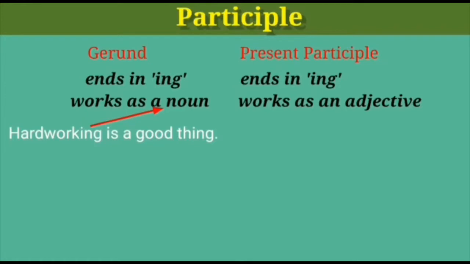We cannot say it's a participle. It's not defining any noun. But on the other hand, he is a hardworking boy. Here hardworking is defining the boy. So in the second sentence, hardworking has been used as a present participle, but in the first sentence, hardworking is a gerund. Keep this in your mind.